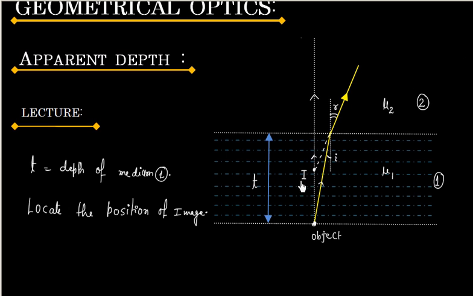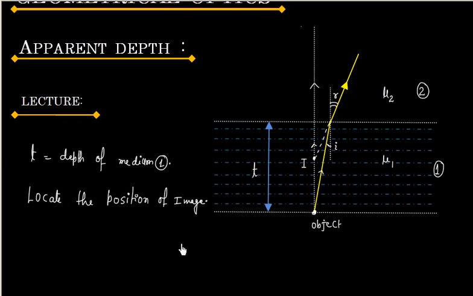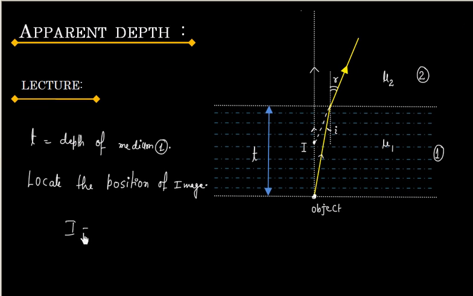This is the position of the image. Let us call this point O, this point M, this point N, and this is I.